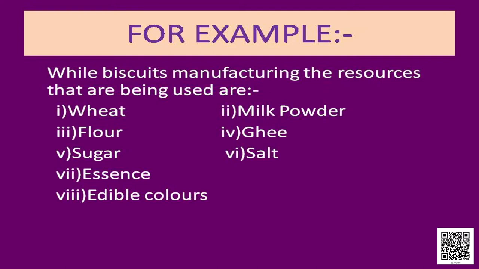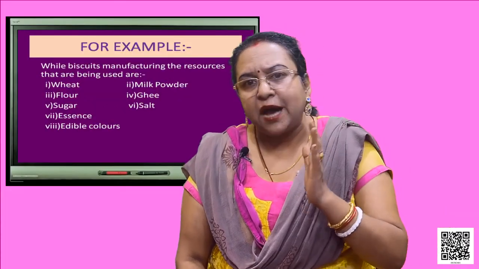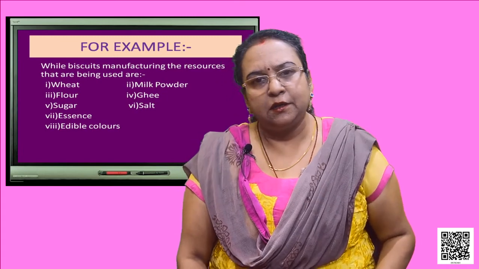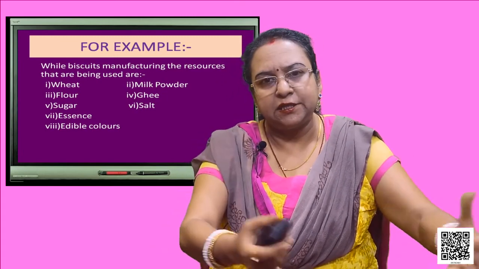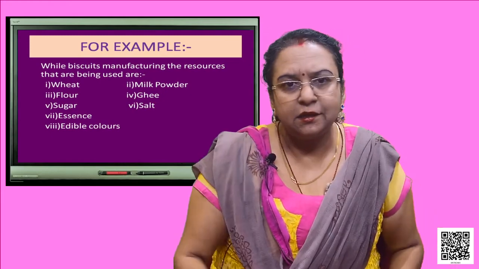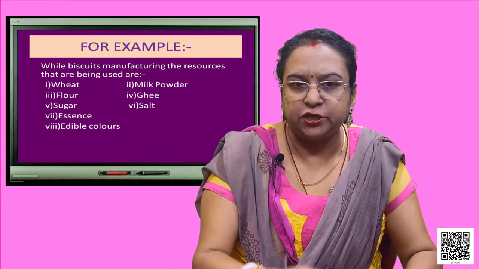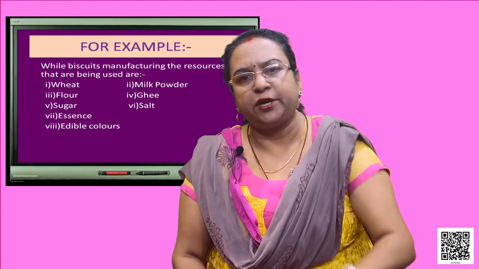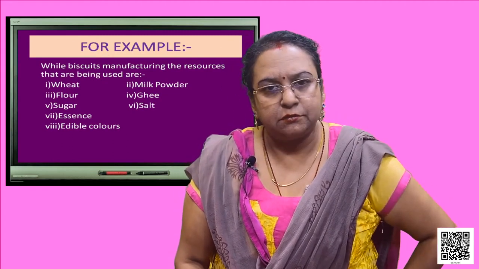So here also, as I have told you, wheat, milk powder, flour, ghee, sugar, salt, essence and edible colors were given. Now just imagine that I am a person, suppose you have given me these items, or you are a person, suppose I have given you these inputs or raw materials, and I have told you to just prepare a biscuit.